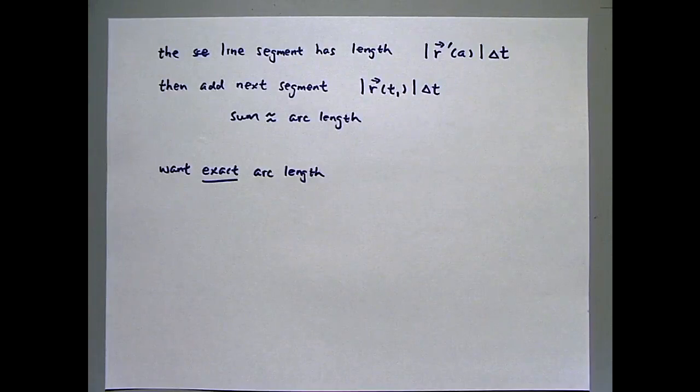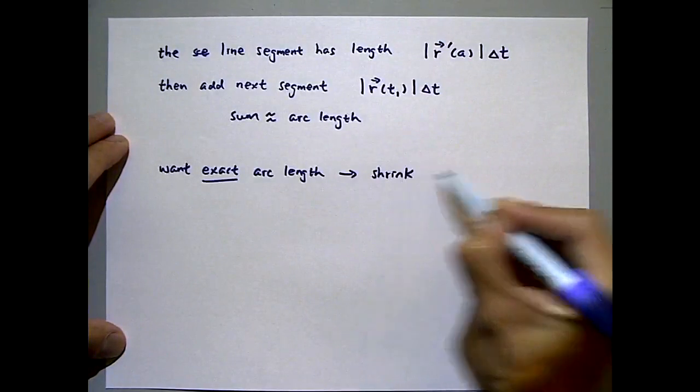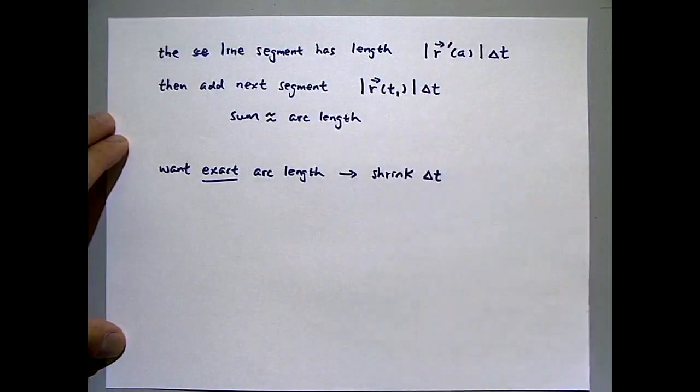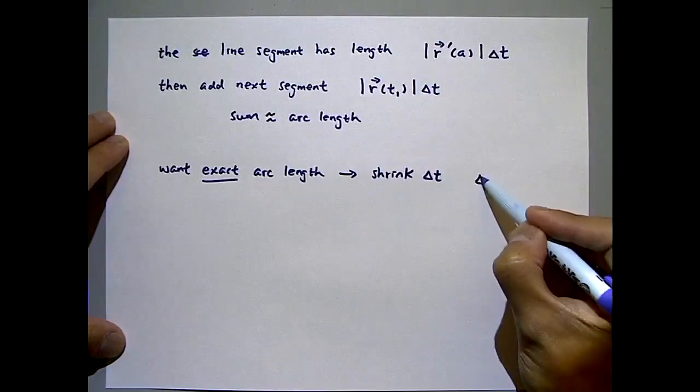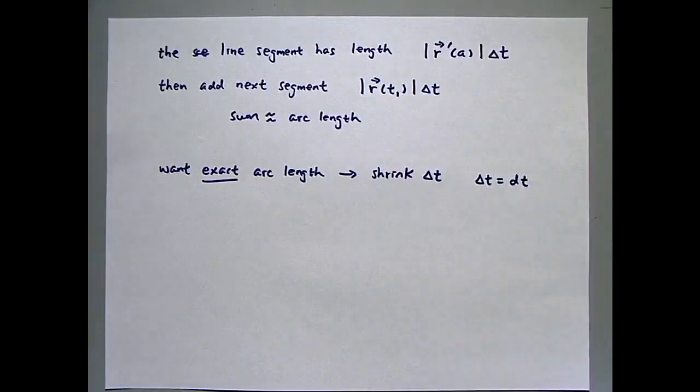We can shrink the change in time to a very, very small change in time, right? So we shrink delta t, and when that happens, delta t turns into some differential change in time, dt.